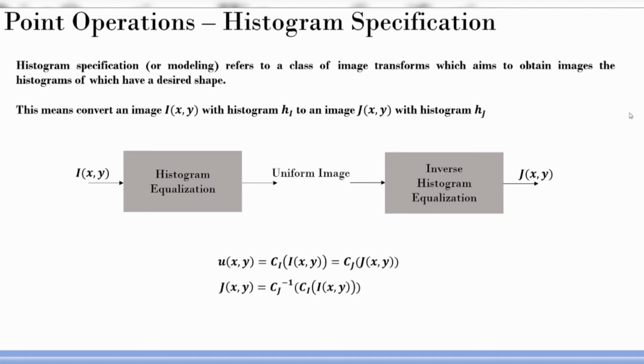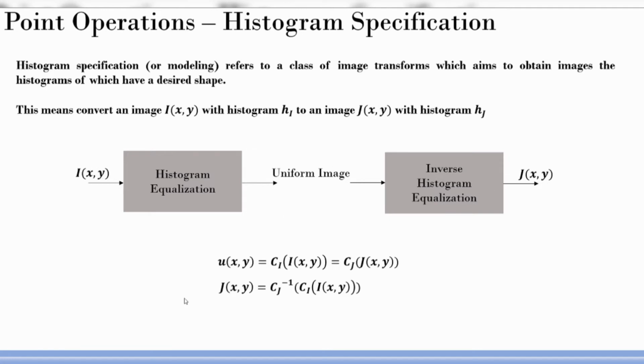Okay, so I like to put it this way. I have an I of xy, and I want to make it J of xy, and J of xy is made in such a way that I'm going to use the histogram of some other image. So in this case always remember I have two images. You are going to map the histogram of one image to the other, and the entire process looks like this.